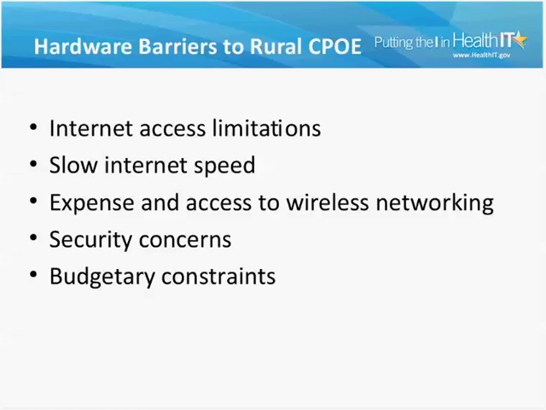As far as hardware barriers to rural and critical access hospitals, there can be internet access limitations, which is limited availability in the area. There can be spotty service or slow internet speed. There can be expense and access to wireless networking, which Scott will address more. There's security concerns without adequate IT expertise. There's extensive policies and procedures that have to be followed and written.